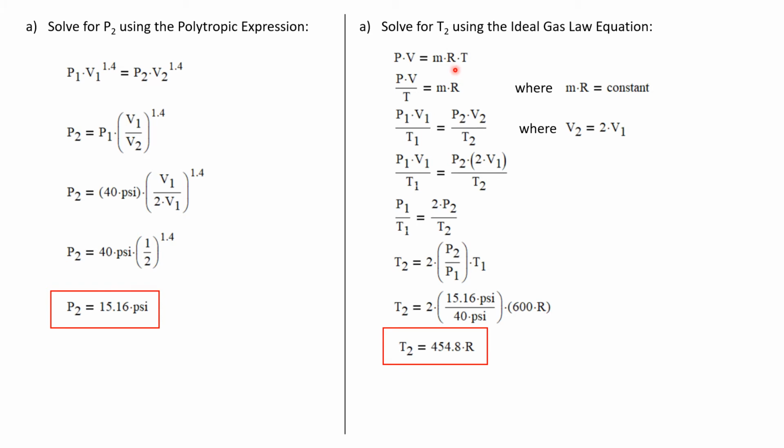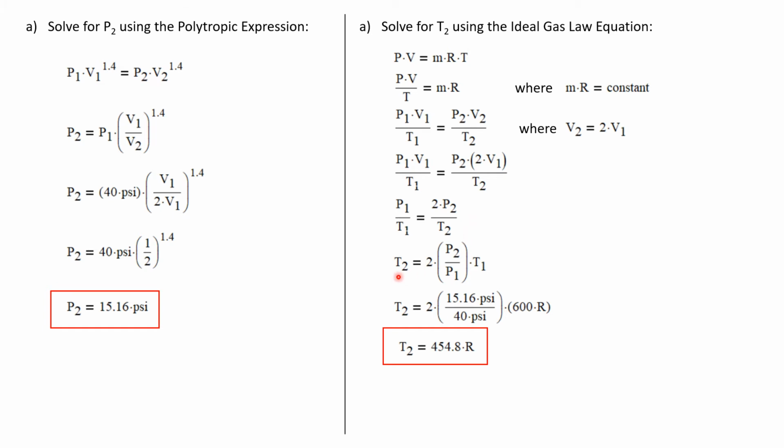So I'm going to set them aside by themselves and rearrange the equation to give me PV over T as mR. Now mR is constant. So now I can write P1 V1 over T1 is P2 V2 over T2. And I know that V2 is 2 times V1, so I can substitute that, and then my V1s cancel. And I get P1 over T1 is simply 2 times P2 over T2.